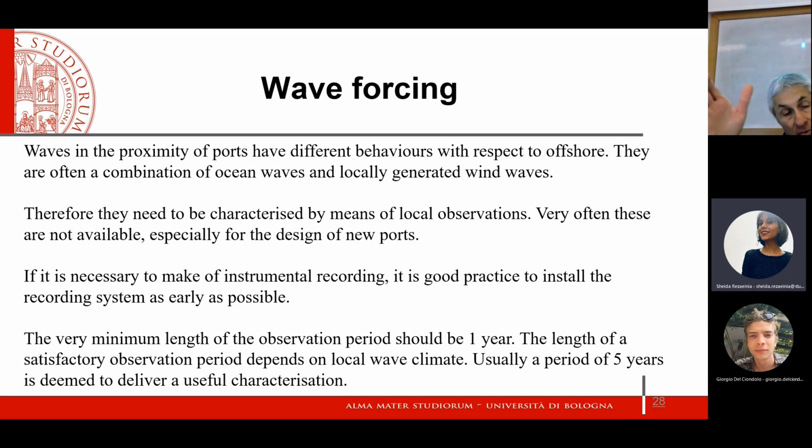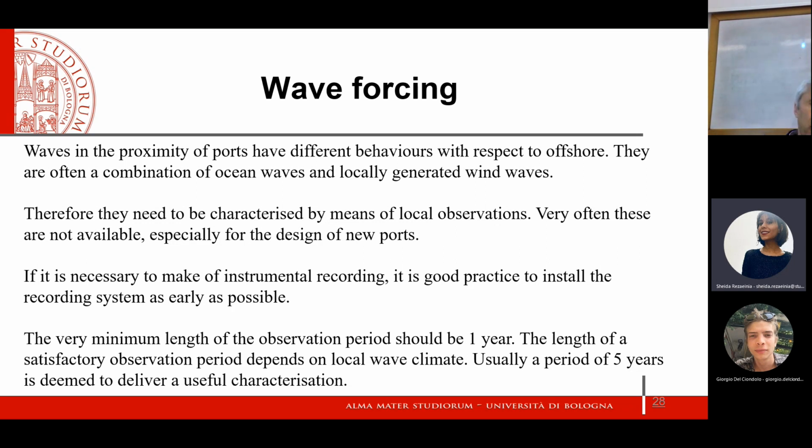The reflected wave basically keeps its energy. There is some energy loss during the reflection, but it's very limited, because usually in the harbor we have huge depth of water, which doesn't help to dissipate energy. And therefore the reflected wave has similar features to the incoming wave.